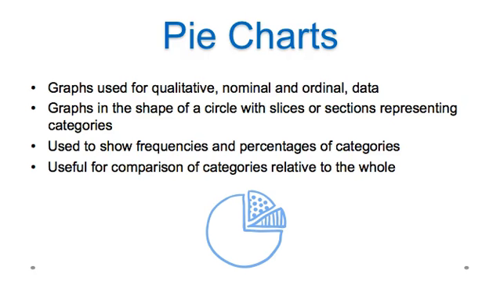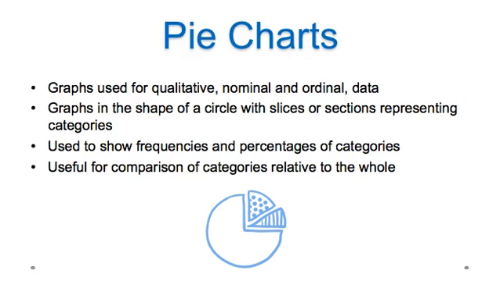A pie chart is a circle divided into sections or slices. Each section represents a category of data. Because each individual in the group falls into one and only one category, the sum of all the sections in the pie should be 100% or pretty close to it, subject to a bit of rounding error, of course.